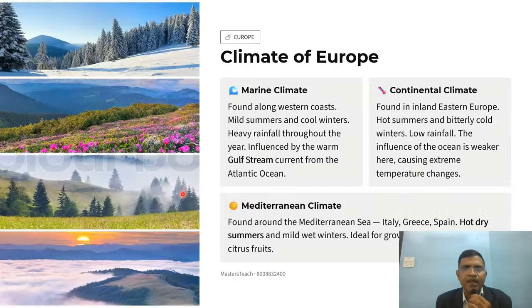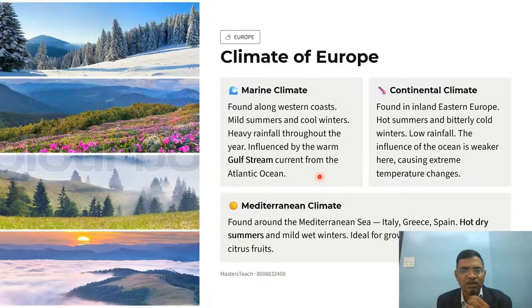Then the climate of Europe. There are three major climates in Europe: marine climate, continental climate, and Mediterranean climate. Marine climate is found along the western coast, with mild summers and cool winters and heavy rainfall throughout the year.